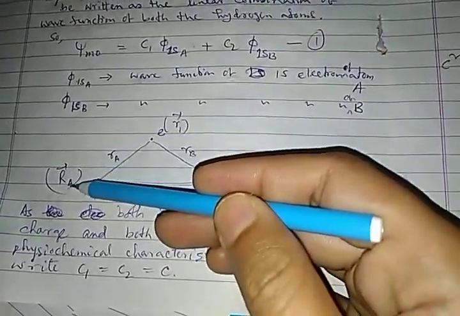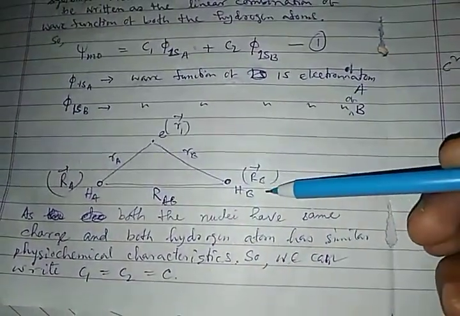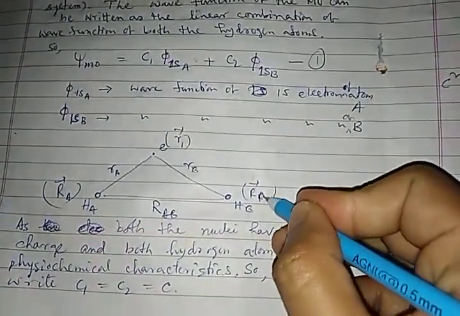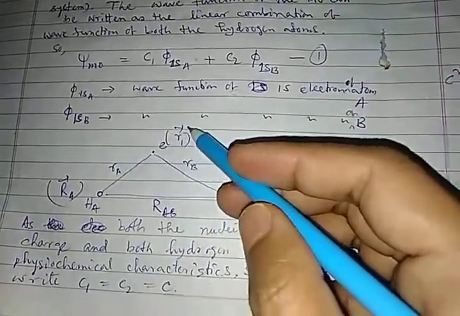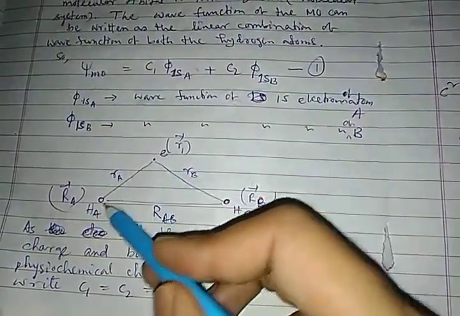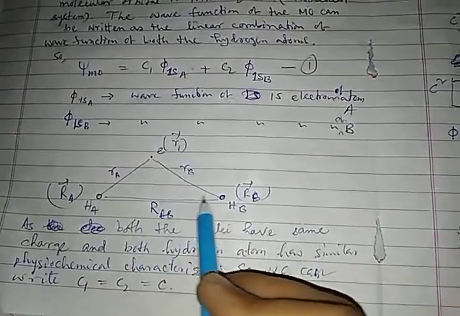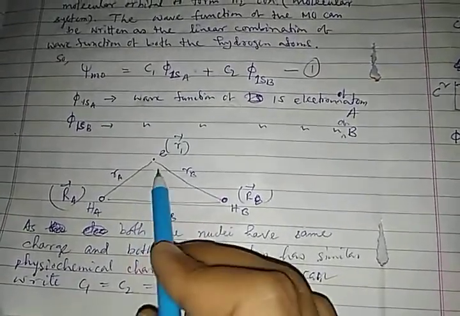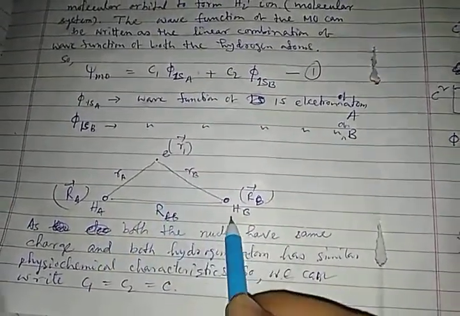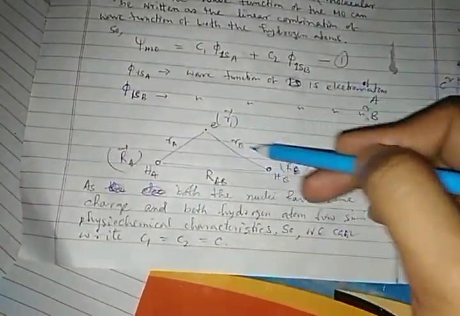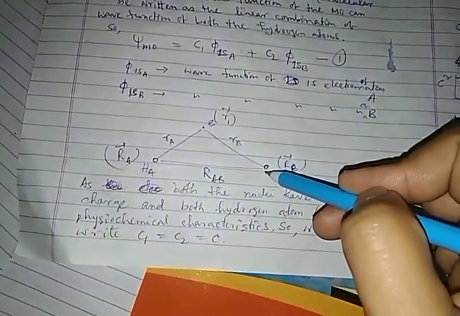The position vectors are Ra, Rb. The difference is Rab, and small ra and small rb are with respect to the electron, denoted as small ra, small rb and capital Rab.